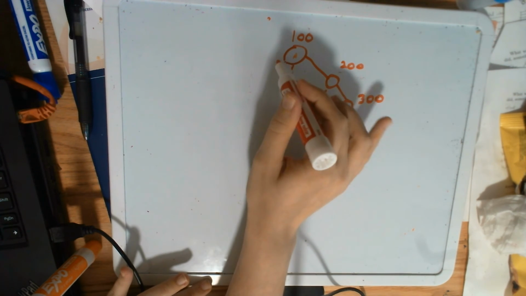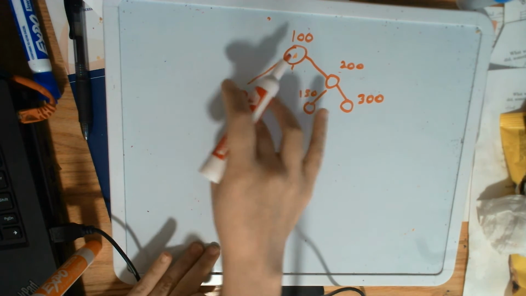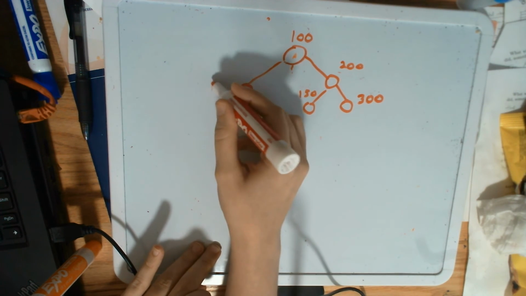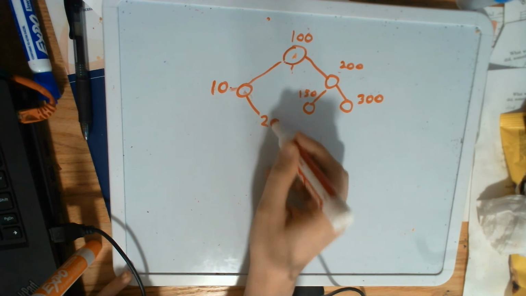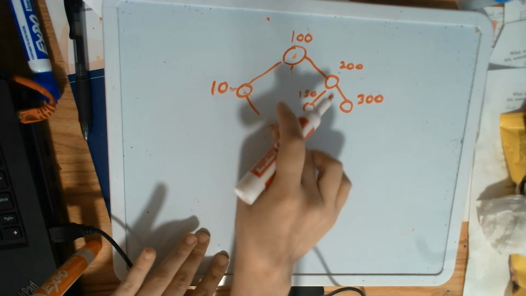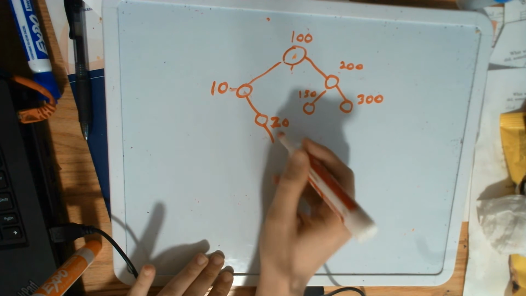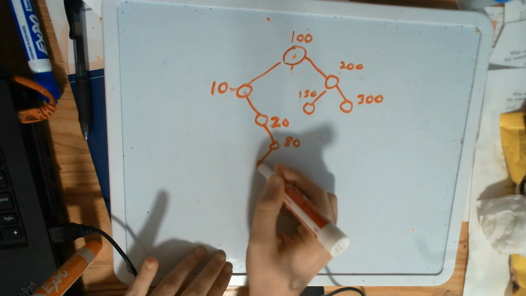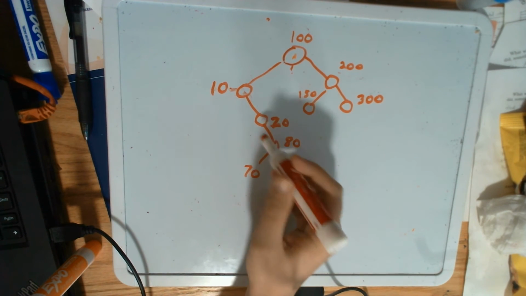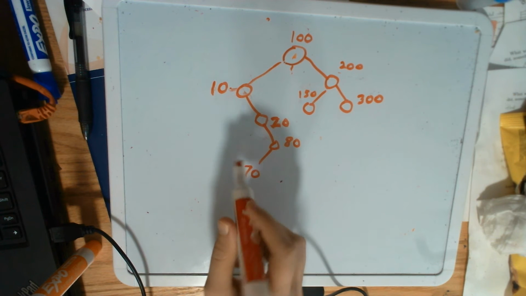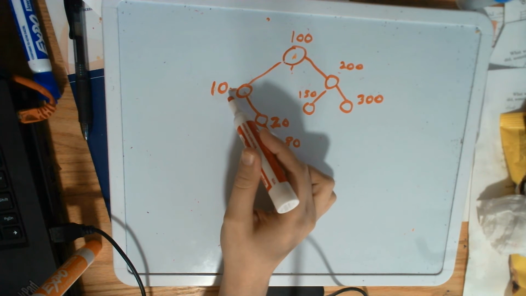Okay. So 10. Sorry, let's draw this as a node. 10, 20, 80, 70, and I'm going to give 10 some more children.